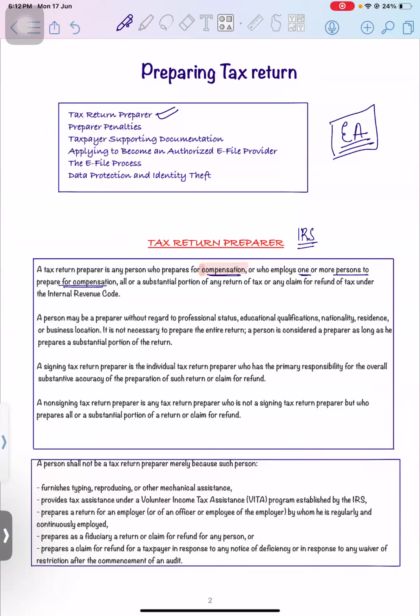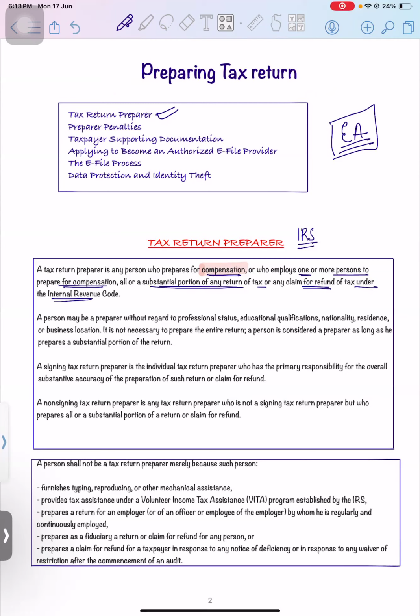In layman's language you will say that yes, you are a tax return preparer, but in IRS language, who will be called a tax return preparer? One is the person who is going to receive the compensation. Second, either he is employing someone else to prepare the return, or prepares all or a substantial portion of any return of tax or any claim for refund of tax under the IRC.